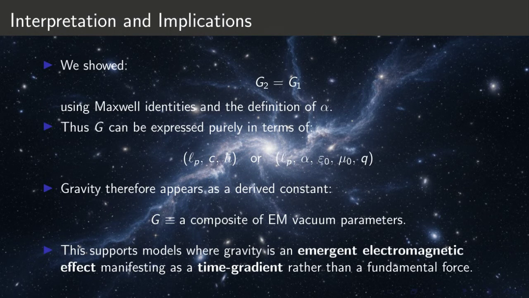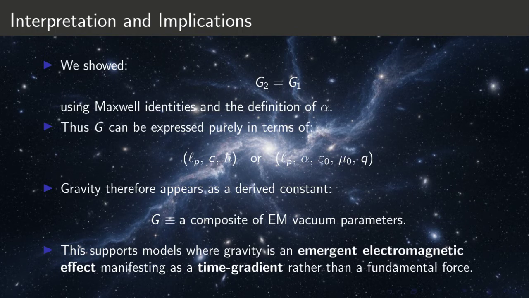Interpretation and implications. We have shown that G2 is equal to G1 using only Maxwell identities and the definition of the fine structure constant. As a result, the gravitational constant can be expressed either in terms of Planck length, the speed of light, and h bar, or in terms of Planck length, the fine structure constant, vacuum permittivity, vacuum permeability, and electric charge.